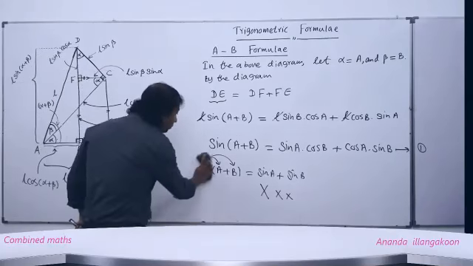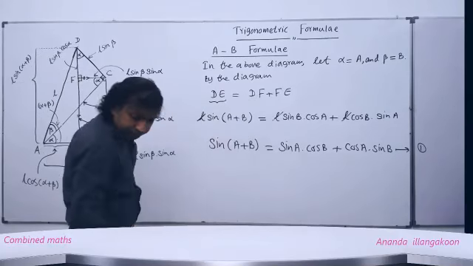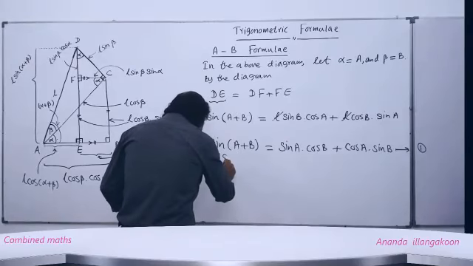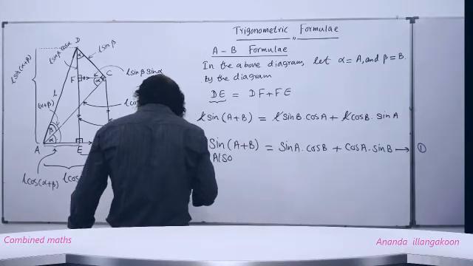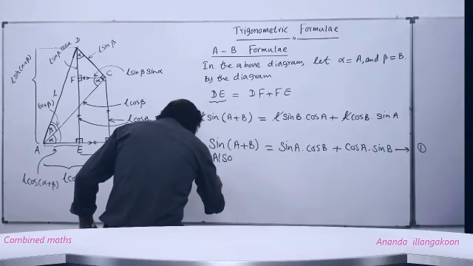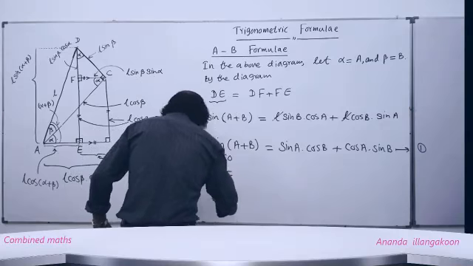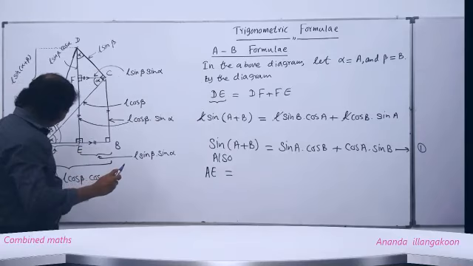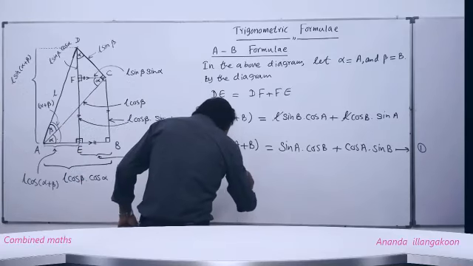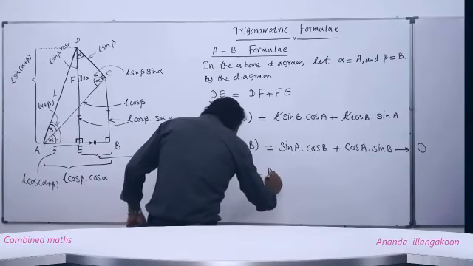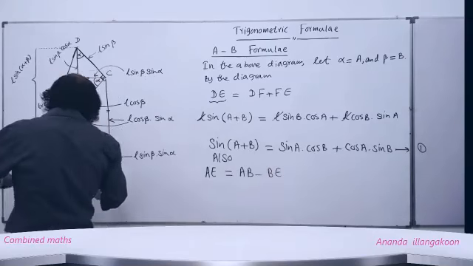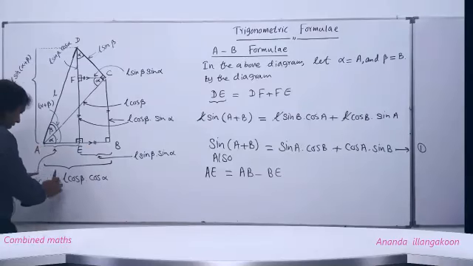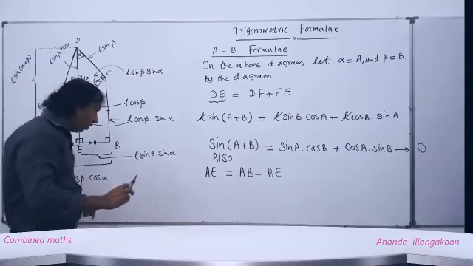We write, people, also we can write AE. We can write AB minus BE. What is AB? L cos beta cos alpha.